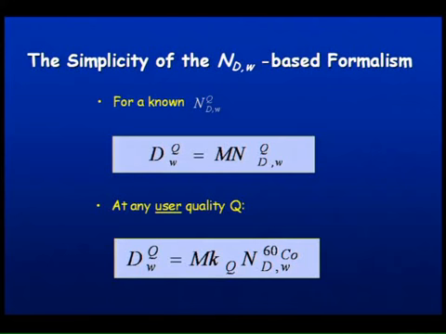Kq is a factor that accounts for the effects of the differences between this cobalt-60 beam and your 6 or 18 MV beam. It's chamber specific. It depends on the beam quality, and it converts NdW cobalt-60 into NdWq. So the dose equation simply becomes M times NdWq.